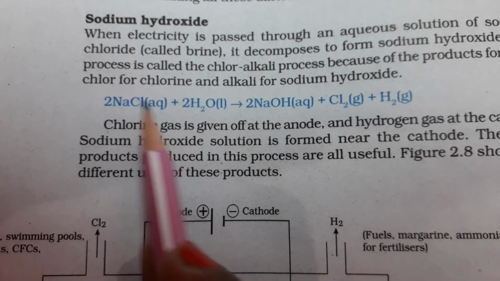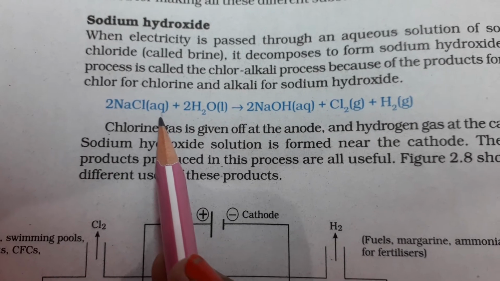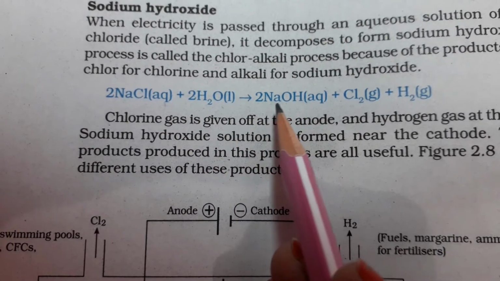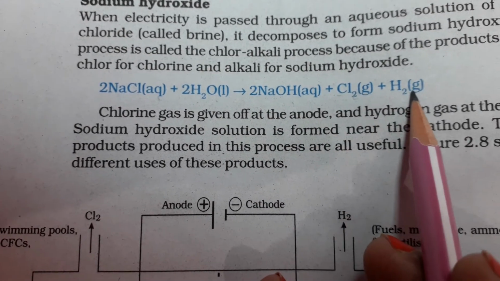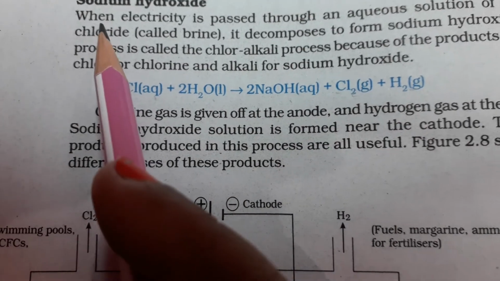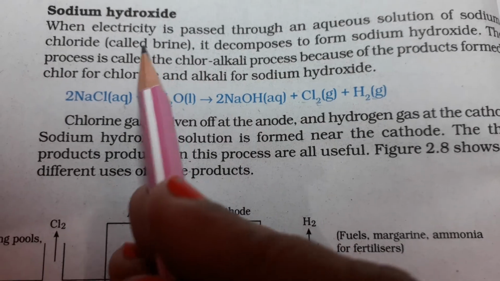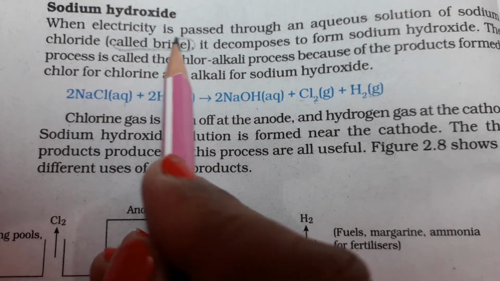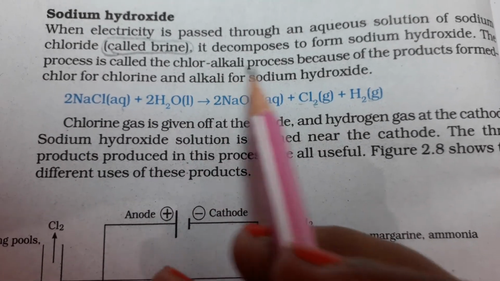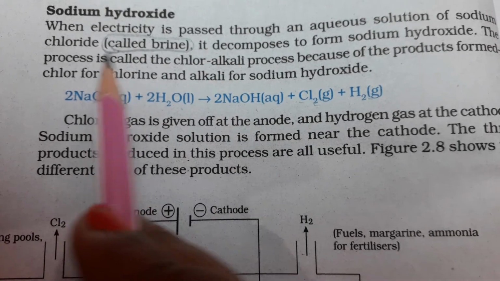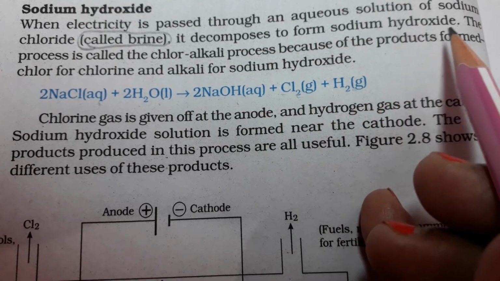Now here you can see in this equation that sodium chloride aqueous solution in water gives sodium hydroxide plus chlorine plus hydrogen gas. When electricity is passed through an aqueous solution of sodium chloride, called brine, it decomposes to form sodium hydroxide.